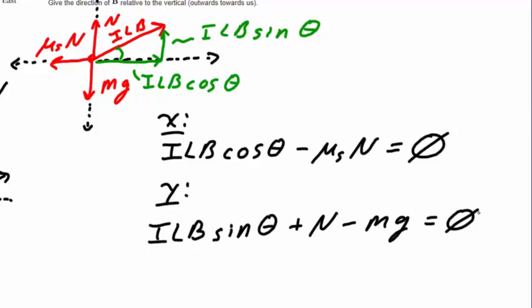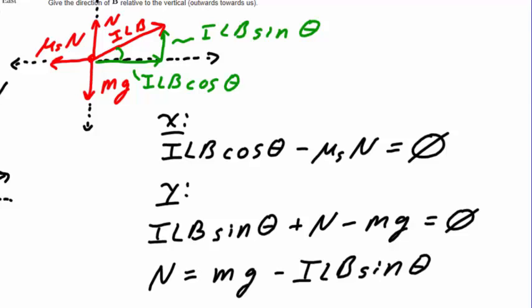The two items that we've been asked to solve for are the magnetic field and the angle theta, and so we're going to endeavor to eliminate the normal force from these two equations. We can solve the second equation most easily for the normal force, yielding the result N is equal to mg minus ILB sine theta.